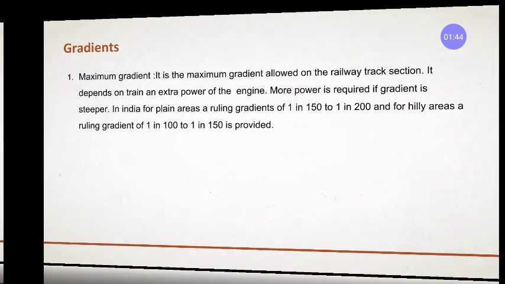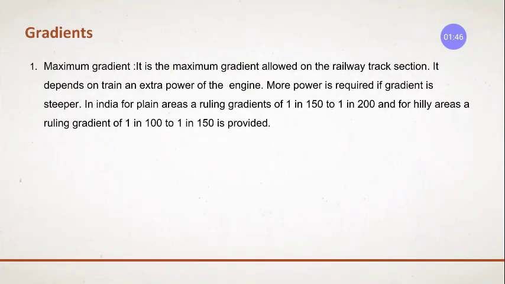Now what is this maximum gradient? A maximum gradient is the gradient which is the maximum allowed on the railway track section. We can't provide a gradient more than this. It depends on the train and the extra power of an engine.